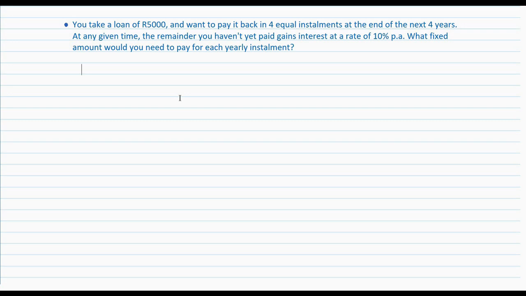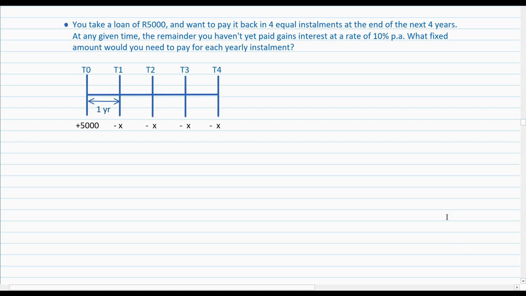I'll start by drawing a timeline. I think the diagram is a good enough picture of what's happening. The numbers at the bottom represent the loan. So you take the loan of 5,000 Rand now at T0, so the loan increases by 5,000, which is why it's written as plus 5,000.